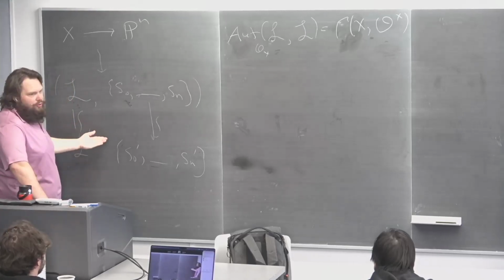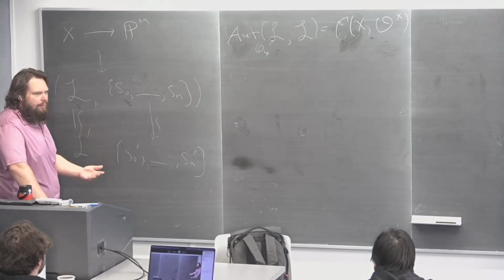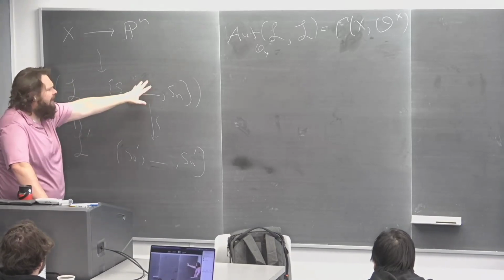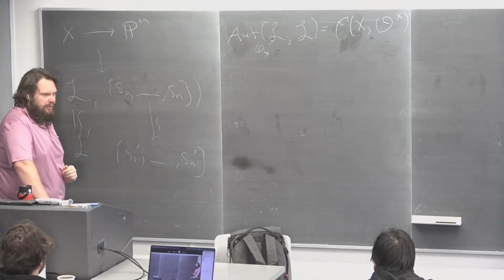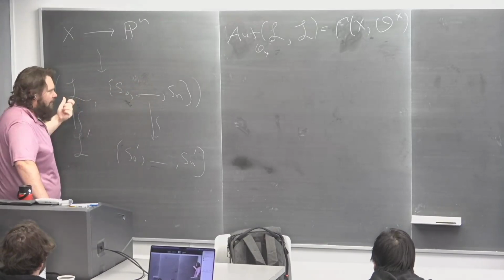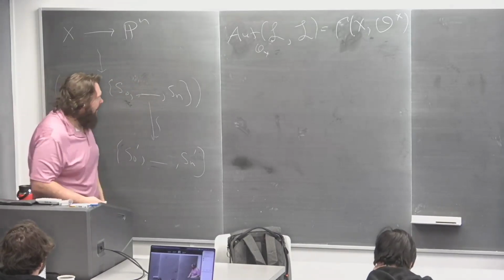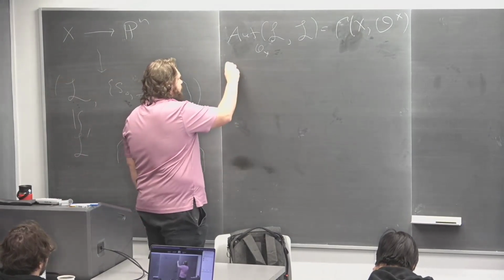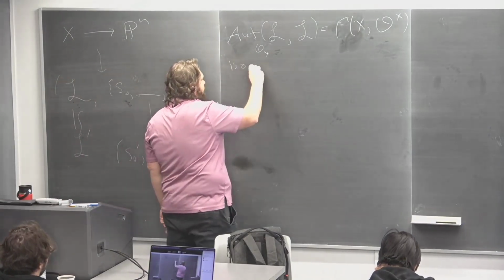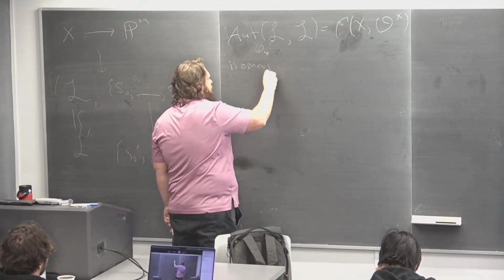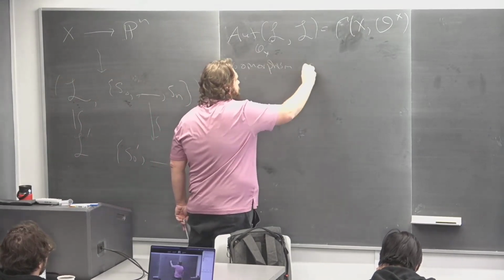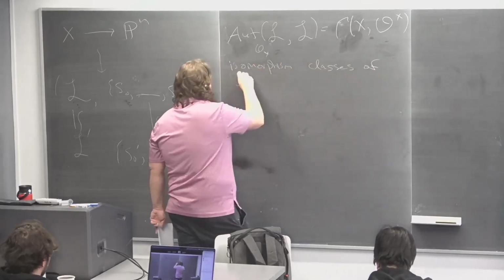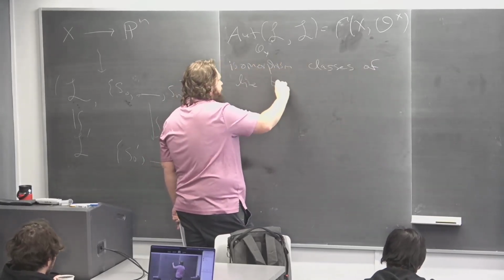So the obvious question here is, how do I come up with line bundles? How do I think about what the set of line bundles is? And then I can worry about choosing these sections later. So sort of a very important question. And one helpful way to think about it is that the isomorphism classes of line bundles form a group.